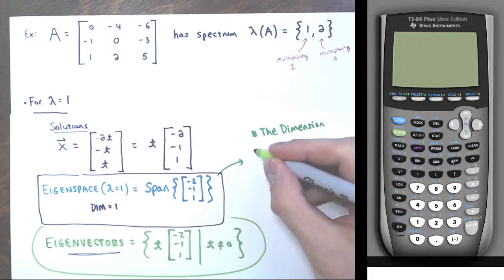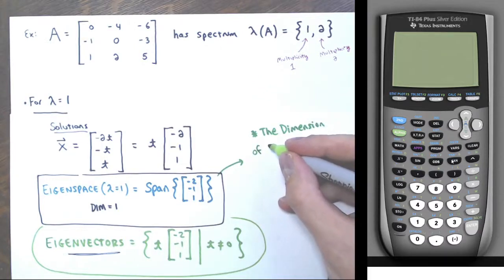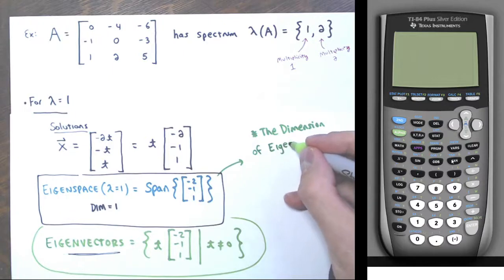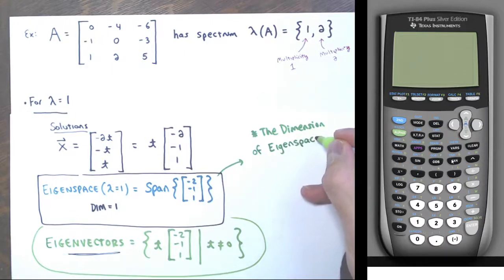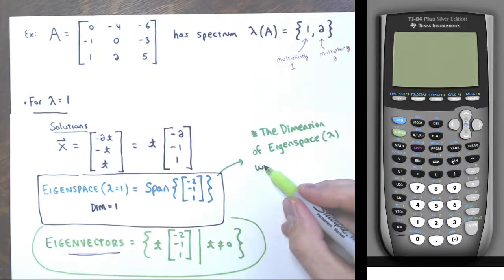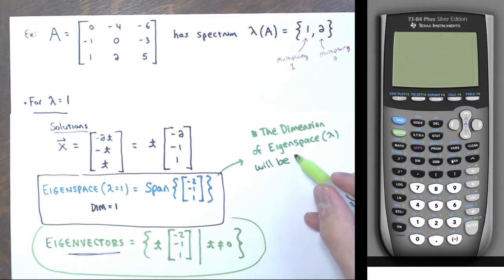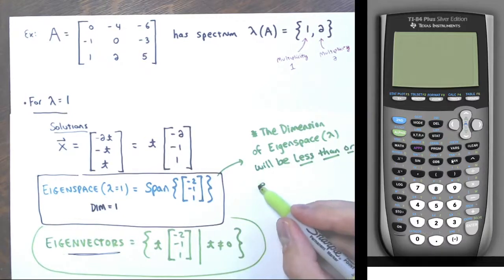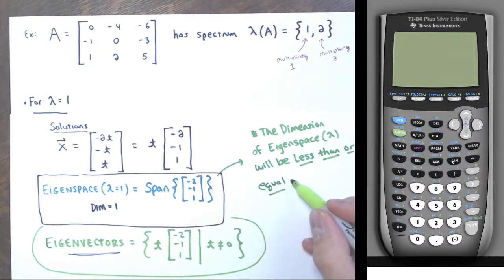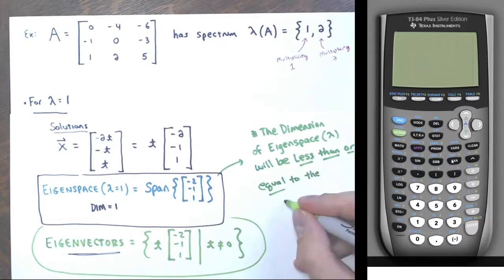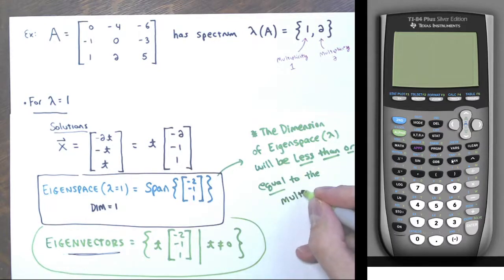The dimension of the eigenspace of an eigenvalue, say the eigenspace of lambda, will be less than or equal to the multiplicity of that eigenvalue in the characteristic equation.